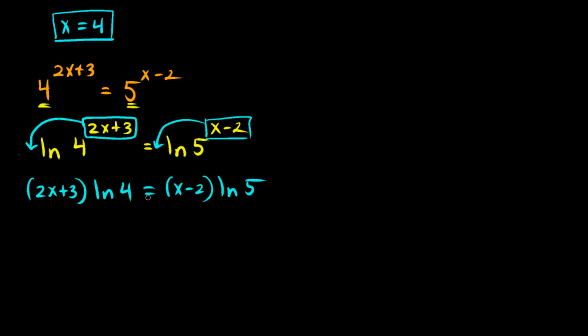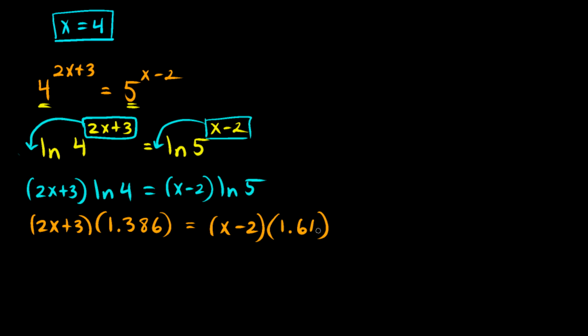So ln 4, if you put that on your calculator, is approximately, let's round it, 1.386. And then ln 5 is approximately 1.61. At this point it's pretty easy to solve for x, because we've converted ln 4 and ln 5 to decimals.